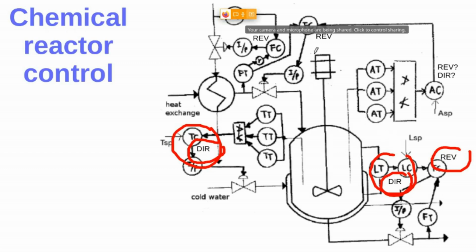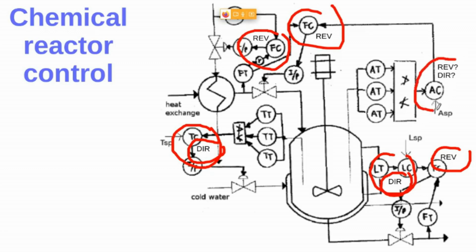Well, the same goes for this flow controller in here. For this flow controller, if you open the valve, the flow increases, right? But here, we don't have enough information, because we don't know if we increase this input in here, whether this analysis result will increase or decrease, right?